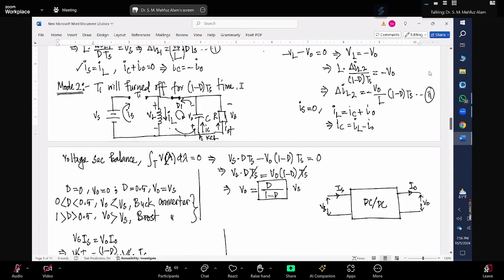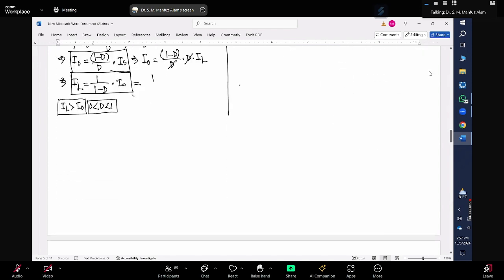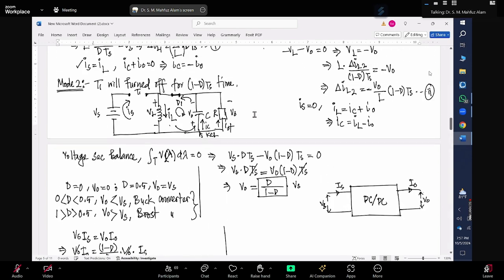If your IL is greater than I naught, then here we had this relationship for IC for mode 2. IC is IL minus I naught. So what was my IL?